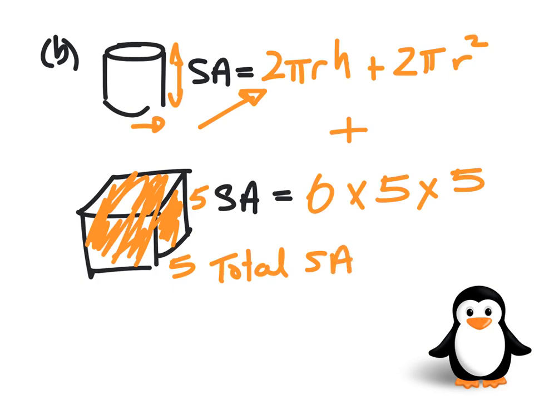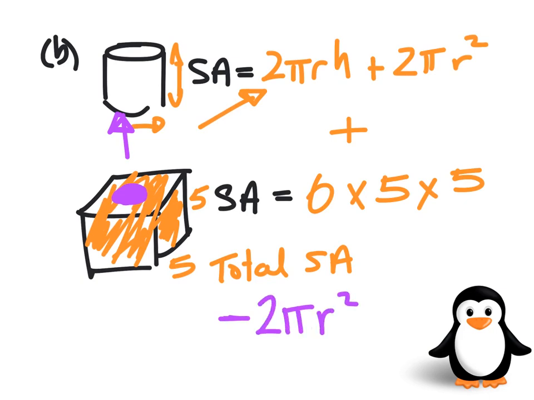However, that's not what's going to be painted, because remember, there's a cylinder sitting on here, so we can't get to that part of the cube, and we can't get to the bottom of the cylinder. So we're going to have to take away pi r squared for one circle.